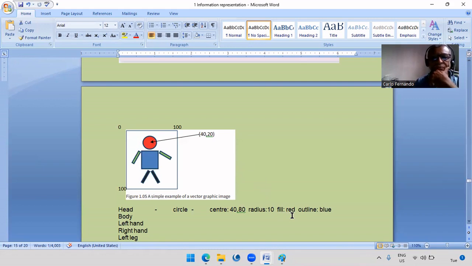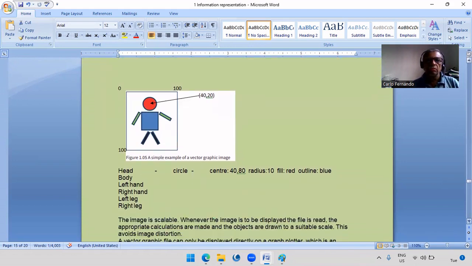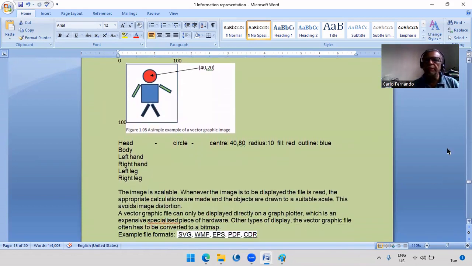And fill, with what color are you going to fill this? Red. Then outline, what's the color? Blue. So blue outline. Let's complete that object. Your task is to complete this and you can submit it.